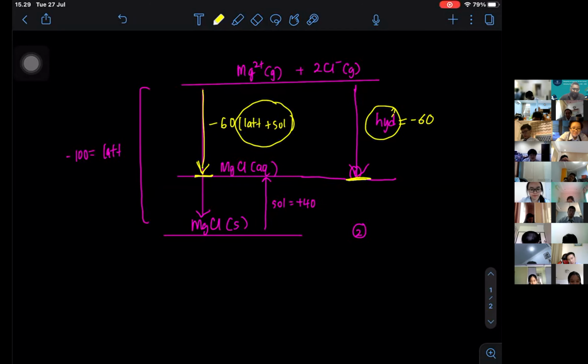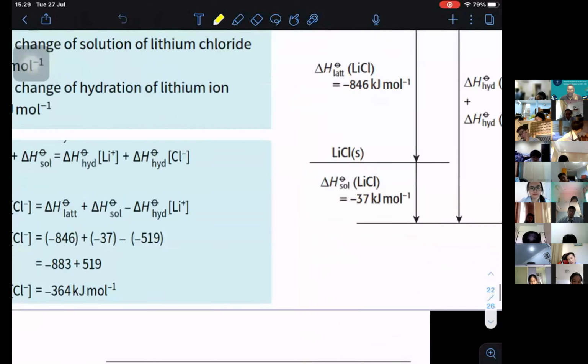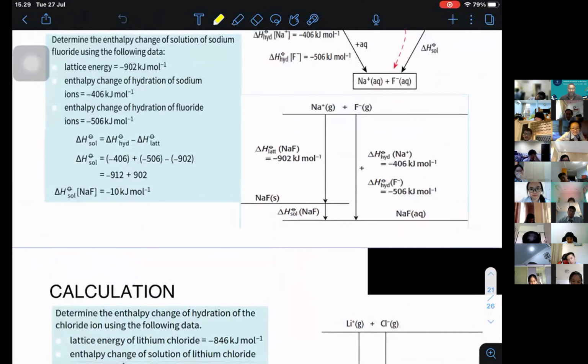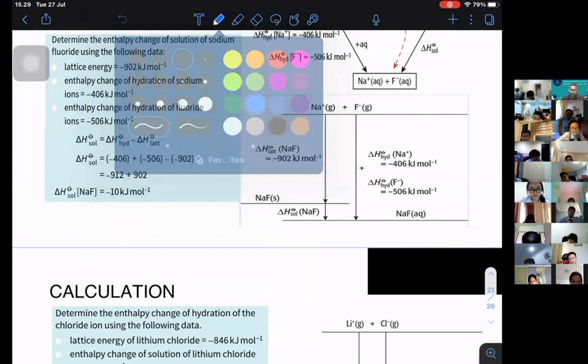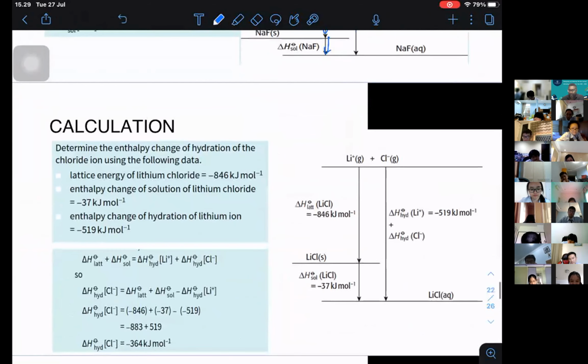If you look into this part, when I was teaching you just now, even though there are two examples showing the exothermic enthalpy of solution, they are going all the way down until here, and then they form hydration, and then this one is plus with this. But what if the enthalpy of solution is positive?